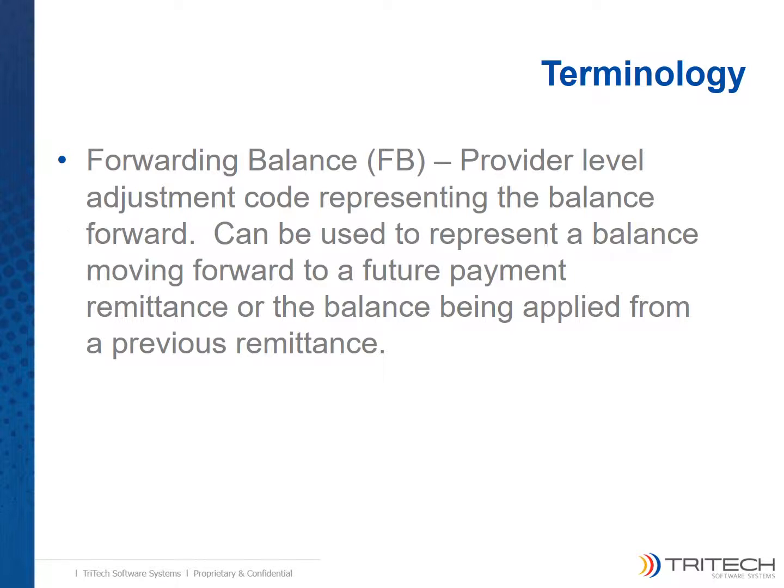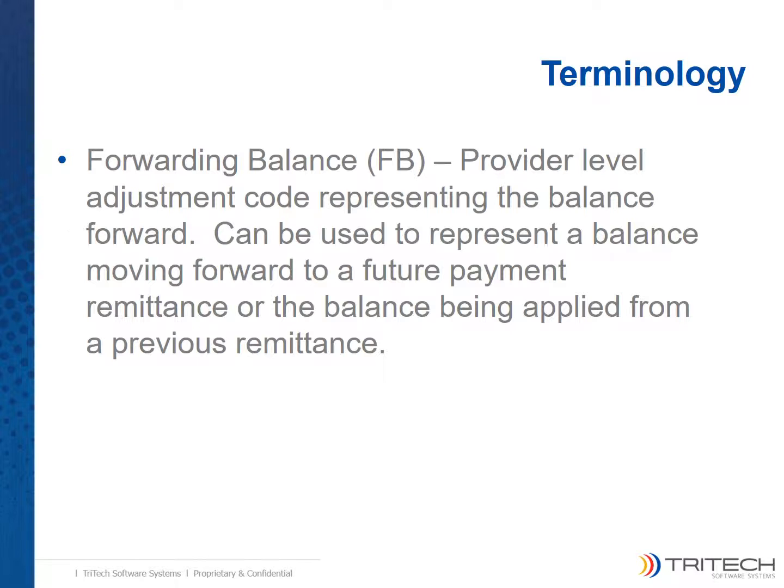Now, we're going to step back to terminology again for just a moment before we look at what happens with the next remittance that comes in from Medicare. We'll discuss the FB provider level adjustment code. The FB code that you see on your paper remittances or in remittance processing stands for forwarding balance. The dollar amount that goes with the forwarding balance code represents a balance moving forward to a future remittance, or it could be a balance being applied from a previous remittance, depending on whether it is a positive or negative amount.